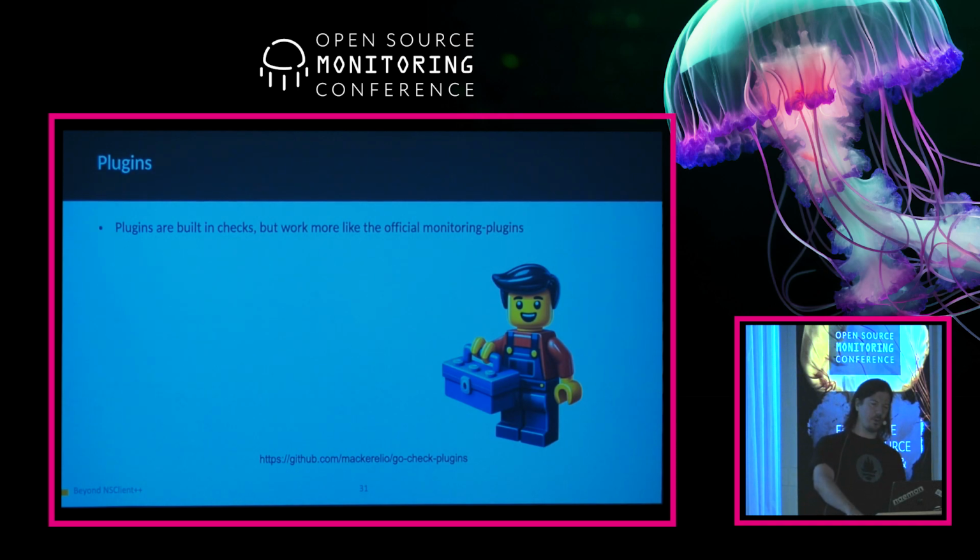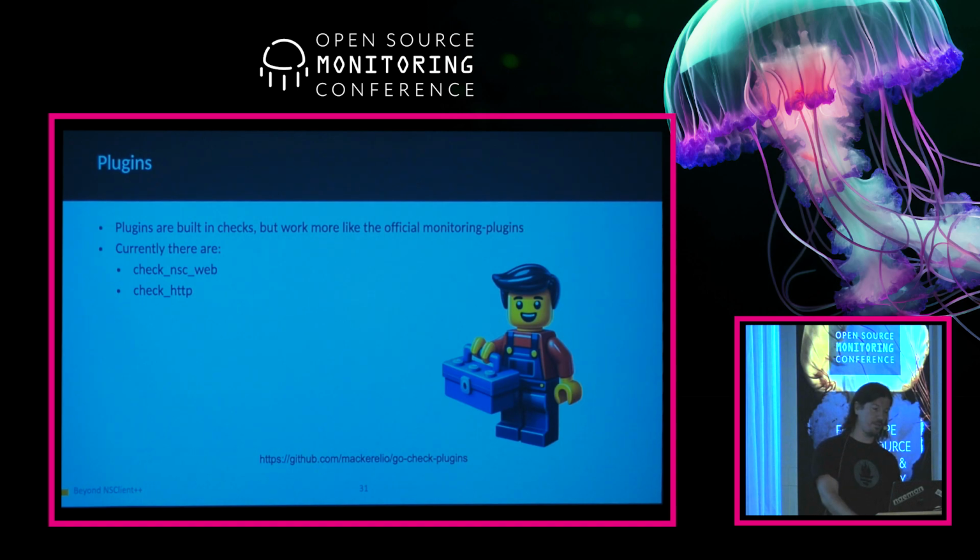In addition to that, we have added a few plugins, and the difference to the built-in checks is that they work more like the monitoring plugins. So they don't have this filter and warning threshold syntax. They have normal arguments. Right now there are, of course, check NSC Web, because then we can use SNClient as a proxy, so we access SNClient and ask another one via the first SNClient.